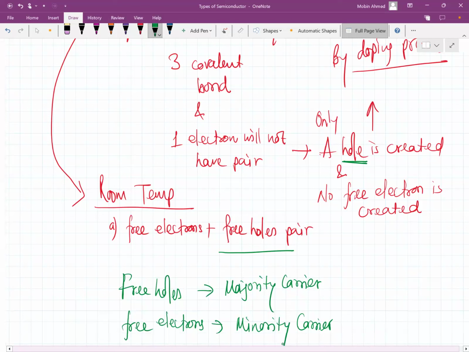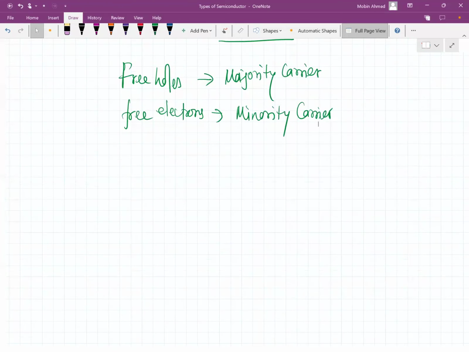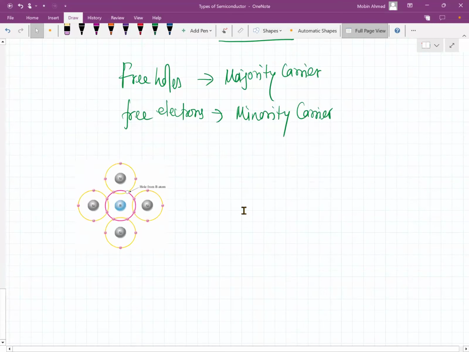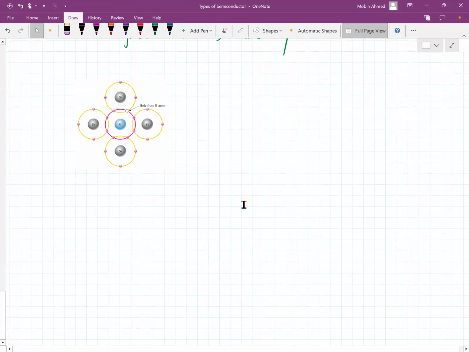And here the hole is created. That means it is going to accept an electron. Till the time it is not accepted, nothing will happen.